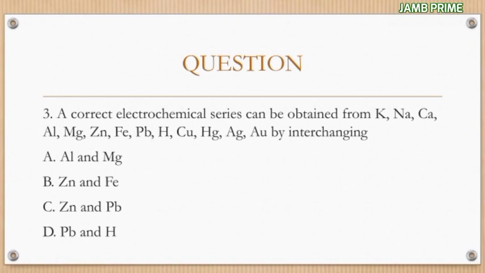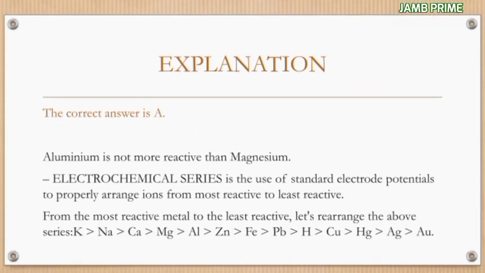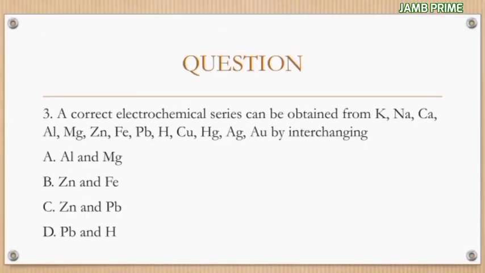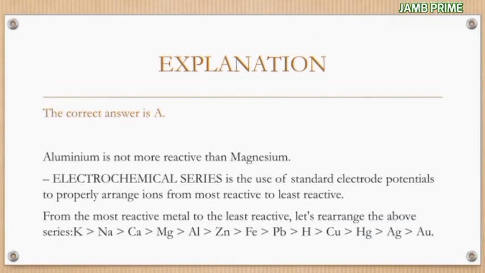You can see that magnesium actually comes before aluminium. That is why it is wrong. By interchanging aluminium and magnesium, that is how you get your answer.